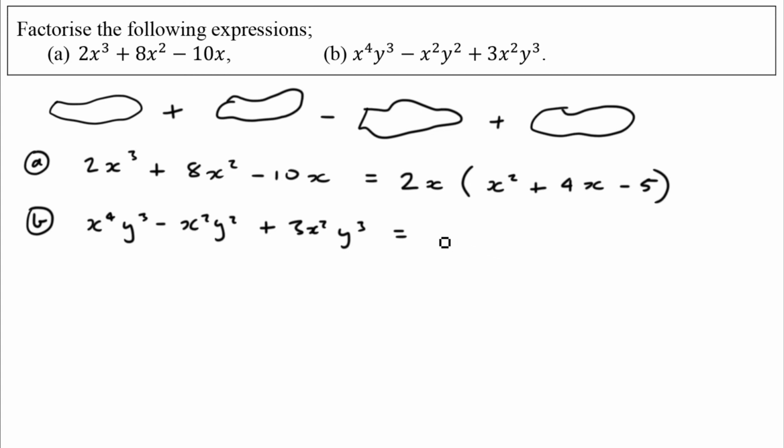The highest power of x which appears in every term is x squared. The highest power of y which appears in every term is y squared. That will leave us with x squared y, subtract 1 because we have factorized out the entire x squared and y squared from that term, plus 3y.